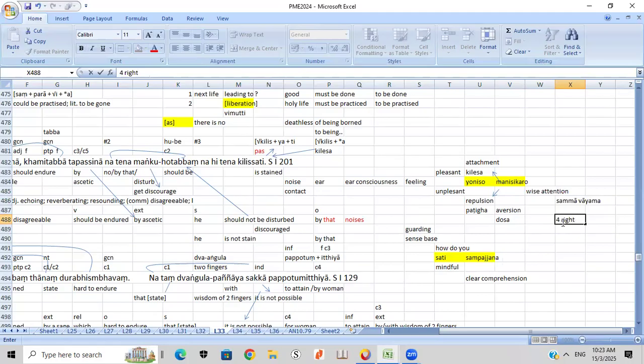So your four right efforts, because the action here is either wholesome or unwholesome.